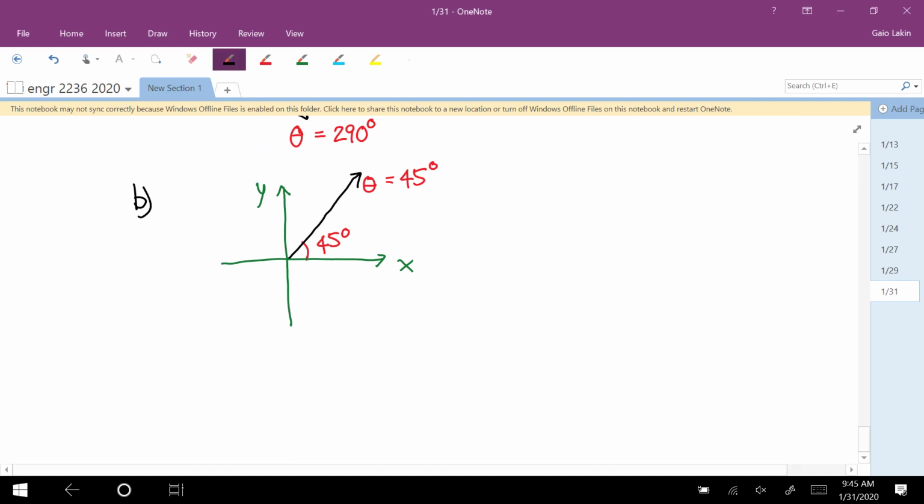The vector we want is the opposite of that. So you can figure out that this angle is 45 degrees, or you can figure out that that's 180 from this one. But this theta is 45 plus 180, so 225.